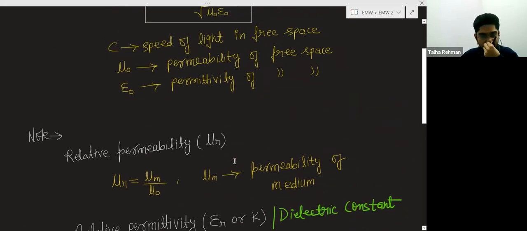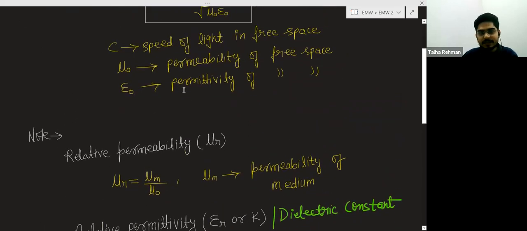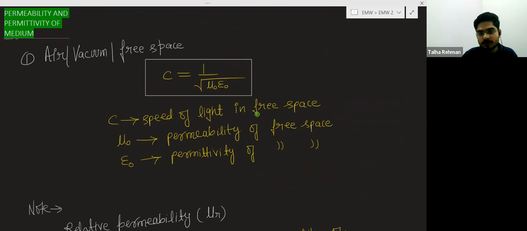This is the relation. Now, this is the speed of light in free space, or you can say the speed of electromagnetic wave in free space also.